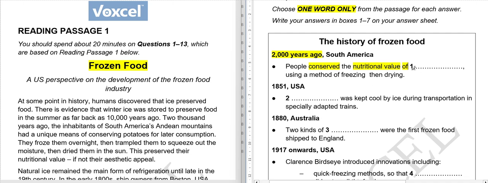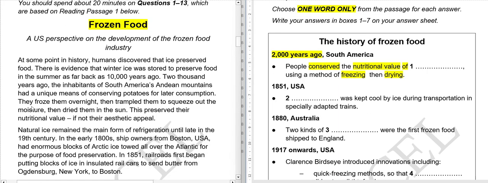We have to see whose nutritional value people conserved using these two methods. First they froze and then they dried. They may use the past tense because it's about the past, obviously. So these are our keywords. 2000 years ago. Let's read the paragraph now.